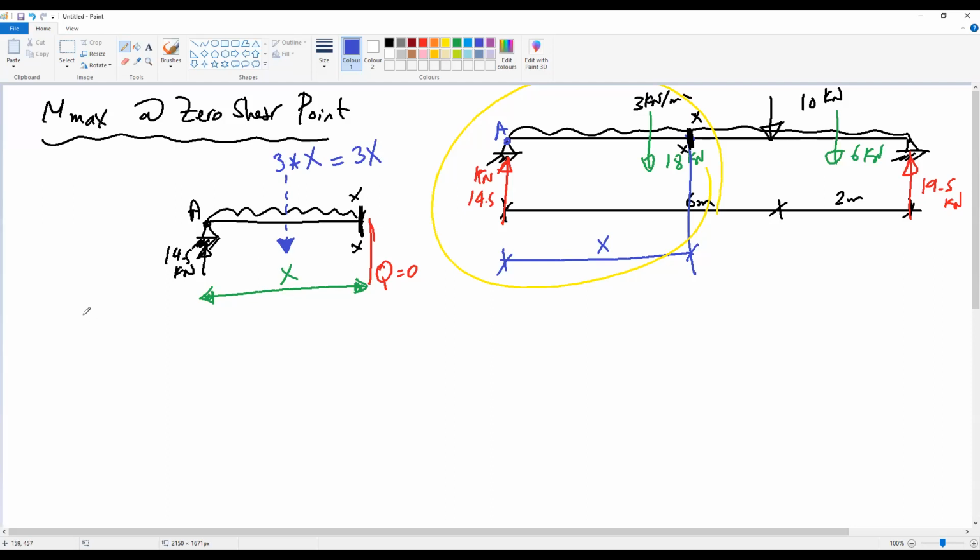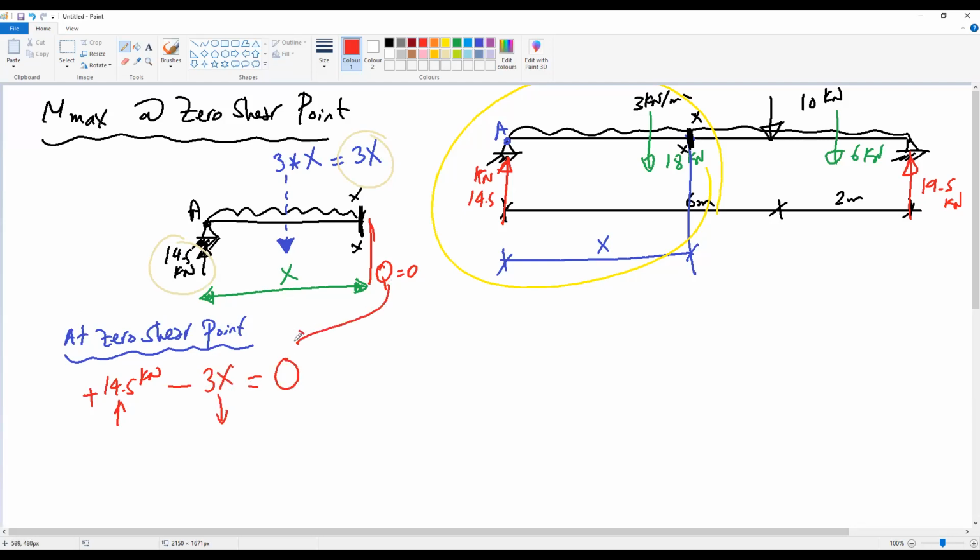So at the zero shear point, what are the forces that cause shear? We have two forces that cause shear. We have 14.5 kilonewton going up, so positive, minus 3x going down, which should be equal to 0, which is the zero shear.